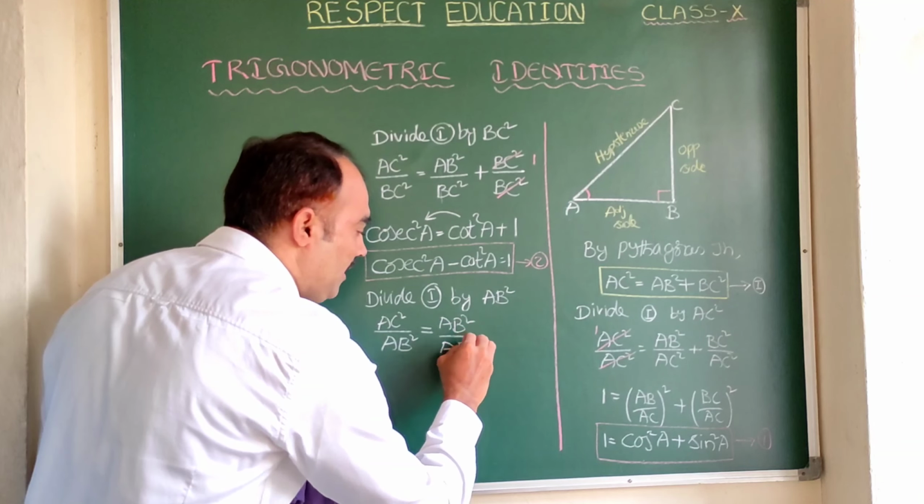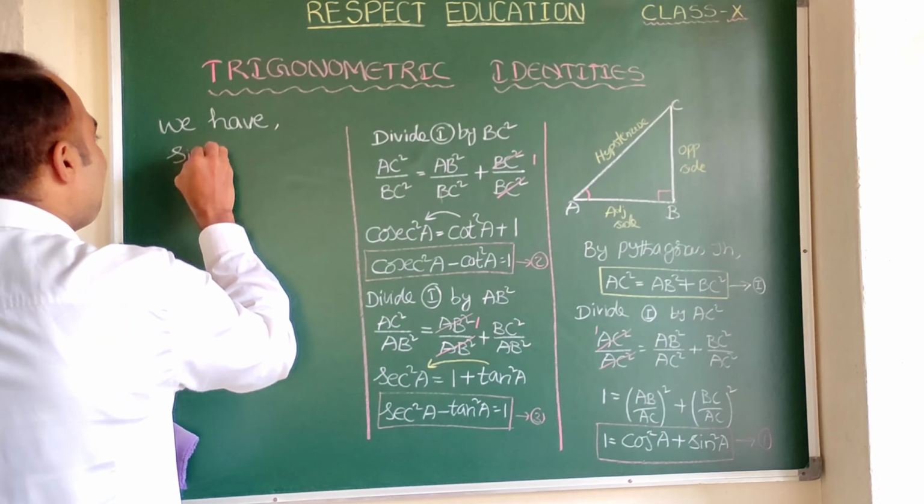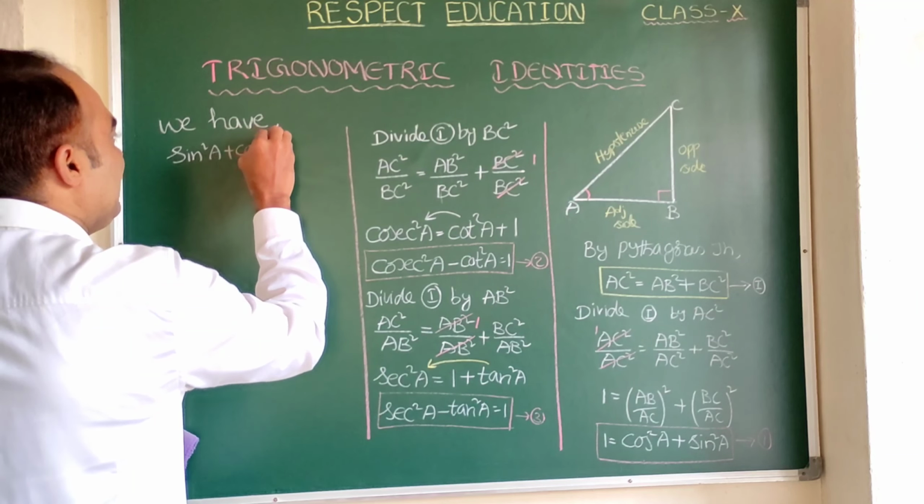So finally we have three trigonometric identities. The first one is sin square A plus cos square A is equal to 1. Now I am writing the second one as secant square A minus tan square A is equal to 1.